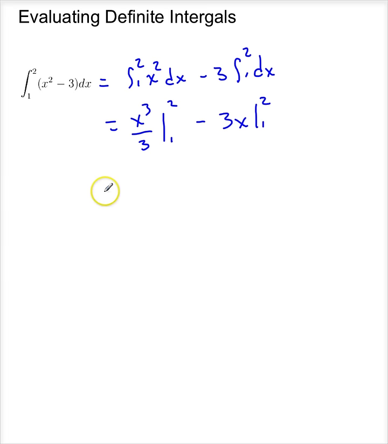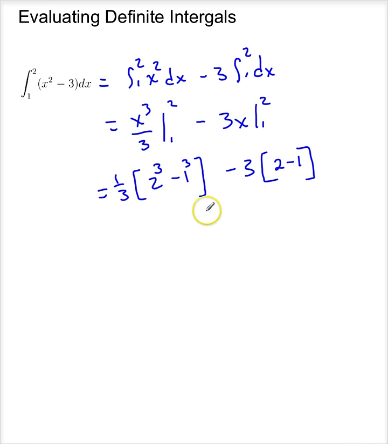Now I'm going to do these separately. This is 1/3 times, now I'm going to factor that 1/3 out, 2 cubed minus 1 cubed. That's my first one. Minus 3 times 2 minus 1. I recommend you factor the constants out so you don't get lost.